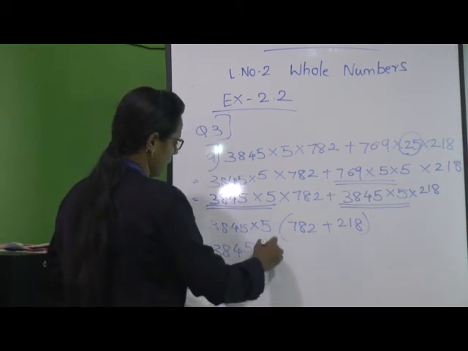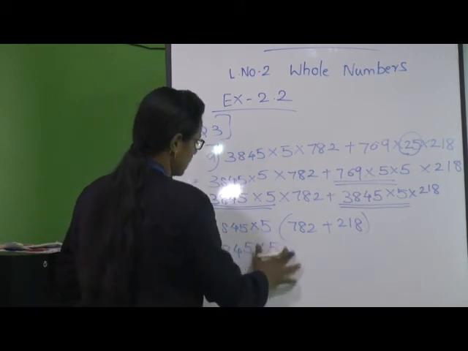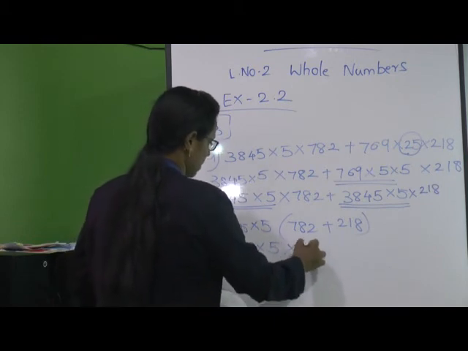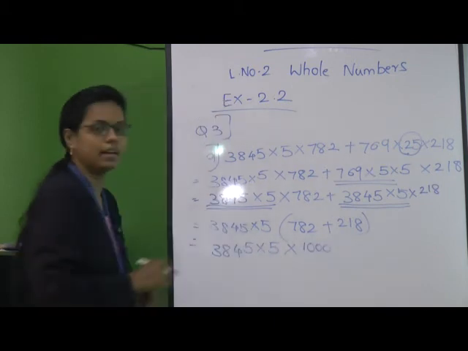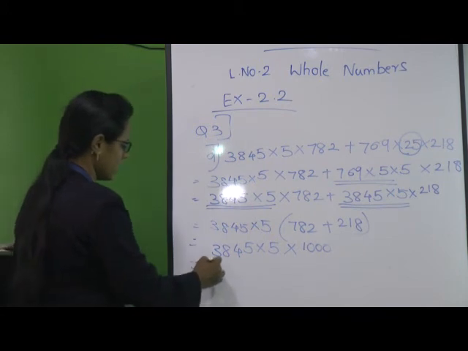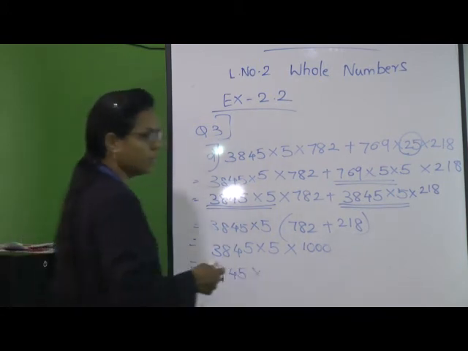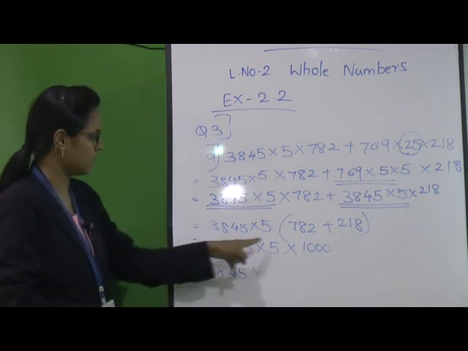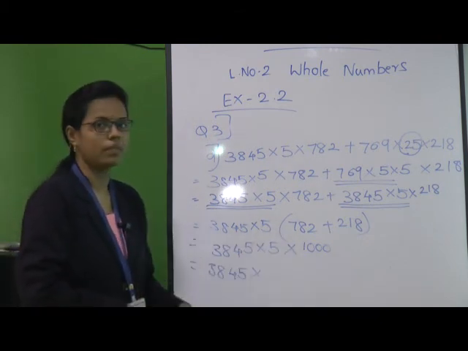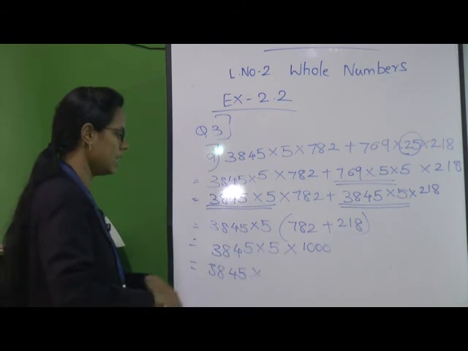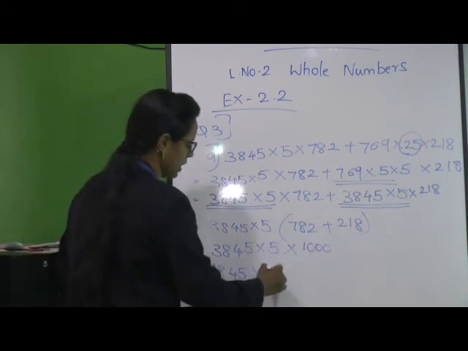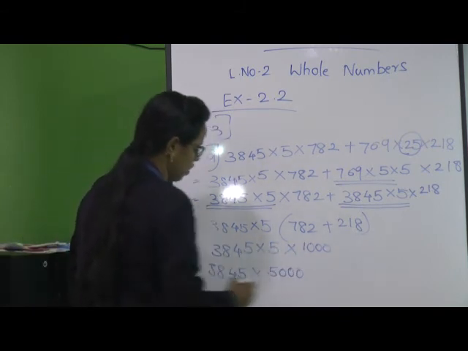782 plus 218, when we add this we get 1000. We get 1000. So 3845 into 5 into 1000, which is easy here to multiply, these two or these two? Yes, first we will multiply these two. So 5 into 1000 is 5000.